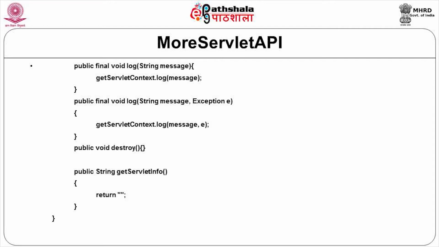We have a public method, return type void, destroy, not doing anything, similar to what was done in the HelloServlet. We are leaving it for someone to override and specify if they want to do anything whenever the servlet is being taken out of service. So we have these methods implemented.